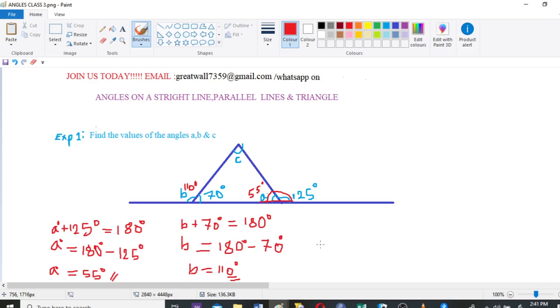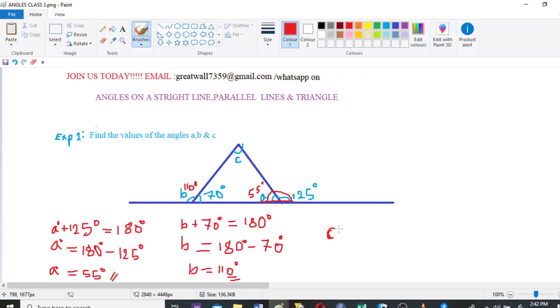Now let's solve for C. When we were proving that the summation of interior angles of a triangle is equal to 180, we also established the fact that if we have one angle missing, an interior angle of a triangle, to calculate the size of that angle we will need to add.